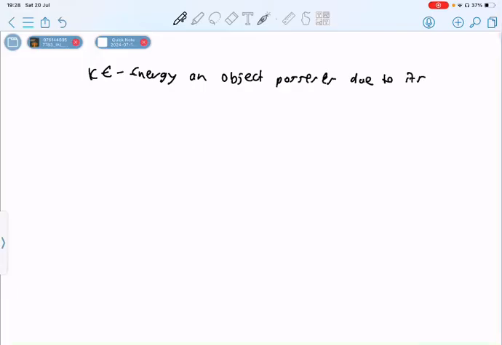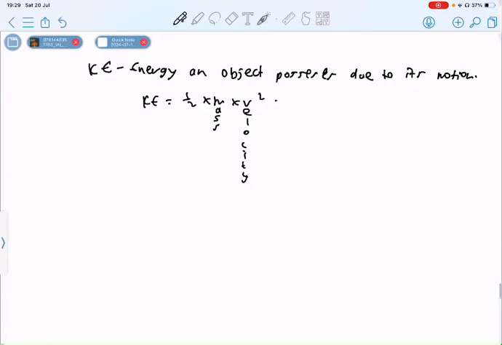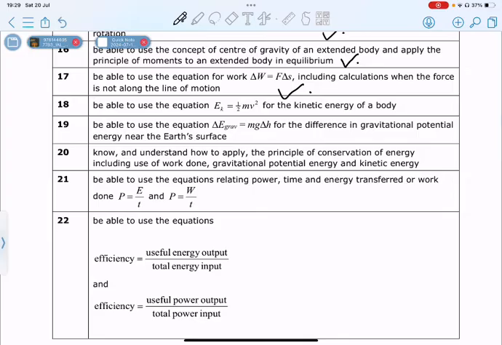There is a formula for this. Kinetic energy is a half times mass times velocity squared. m is the mass and v is the velocity. So that's your equation for that.